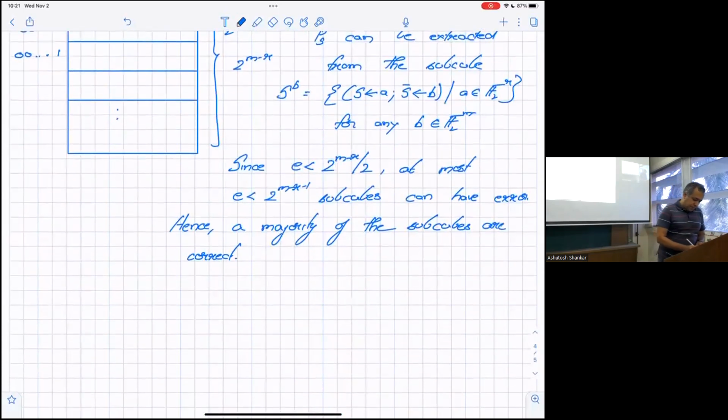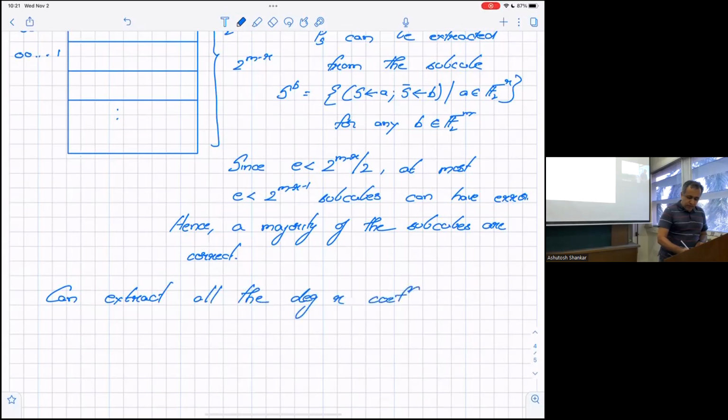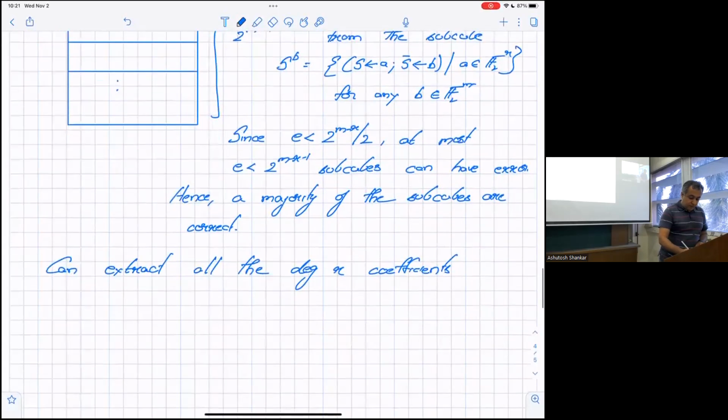So we can extract all the degree R coefficients exactly. So there's no error now, using the above method.